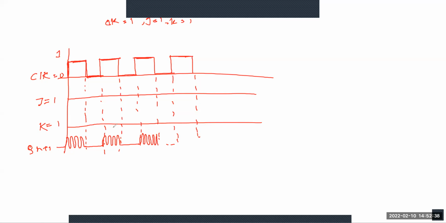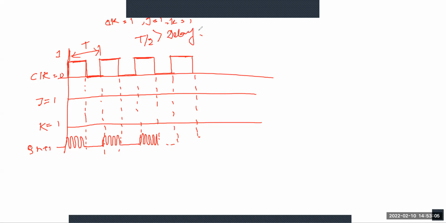Now, one thing is that this is called the time period. If we consider from this to this, it is T. Always it should satisfy the condition that T by 2 is greater than delay.